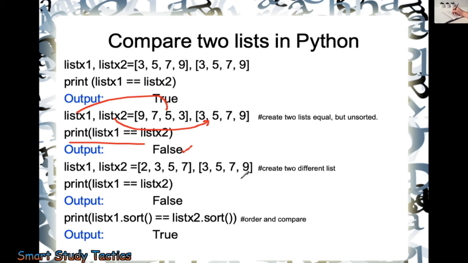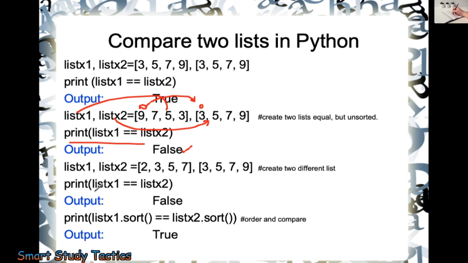It is not the same, meaning the index 0 value of the first list does not match the index 0 value of the other list. So that's why it is not giving the True output.